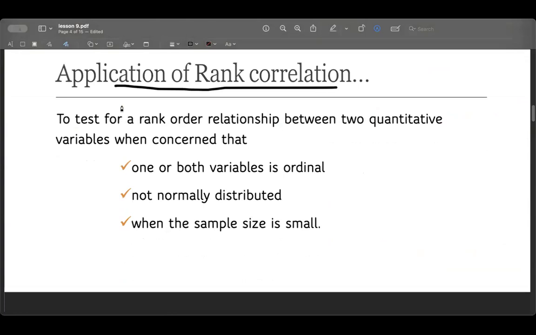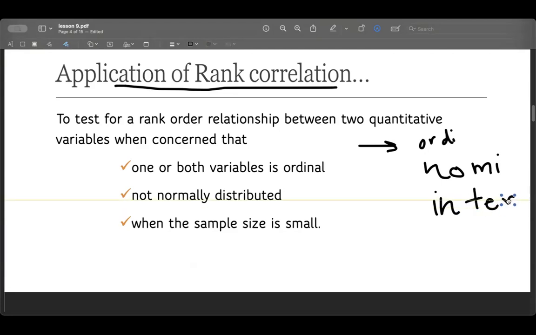That is to test for a rank order relationship between two quantitative variables when concerned that one or both variables is ordinal. If you can remember the data types, we have ordinal data, nominal data, interval data, and at last ratio data.